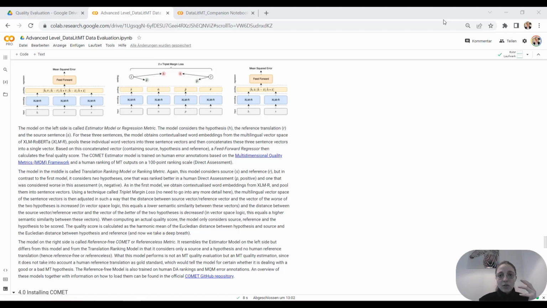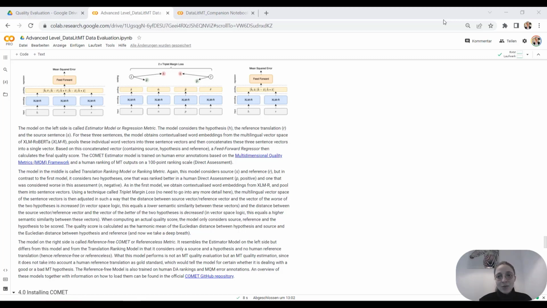Then for the calculation, we use the source, reference, and hypothesis to calculate the harmonic mean of the Euclidean distance between the hypothesis and the source, in comparison to the Euclidean distance, the distance in vector space, between the hypothesis and the reference. So this is all very detailed and there's no need to necessarily understand it all, but that is what these models do.